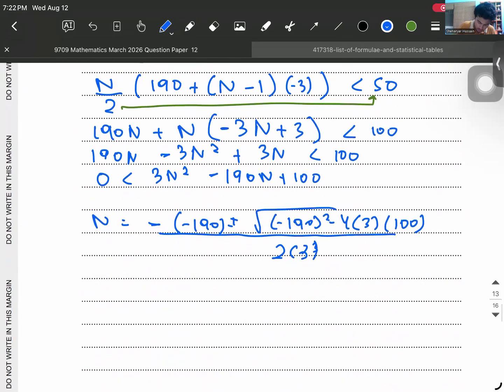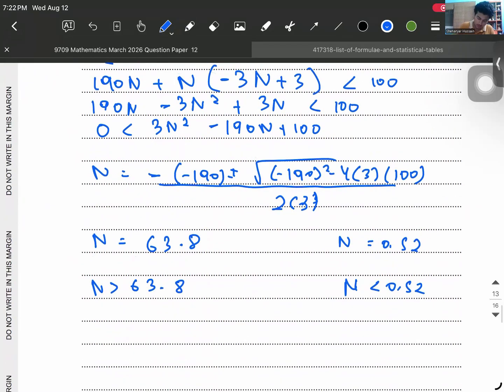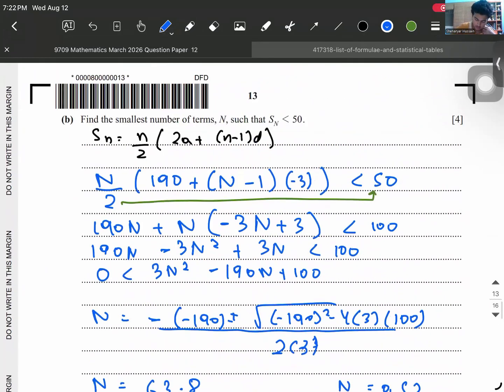Solving this in the calculator, we get n equals 63.8 or n equals 0.52. So n is greater than 63.8 or n is less than 0.52. Therefore n equals 64, because n is a discrete value.